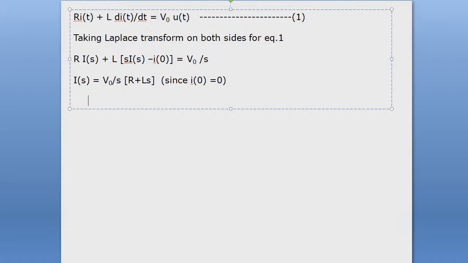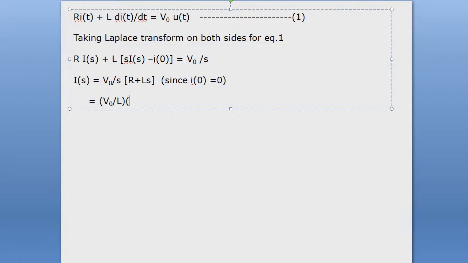So here we can write this equal to V naught divided by L into, you just take inside a bracket. Everyone solve it yourself and compare your result with my result.